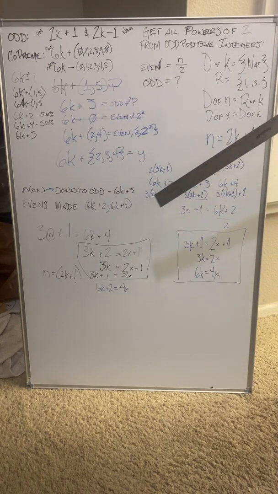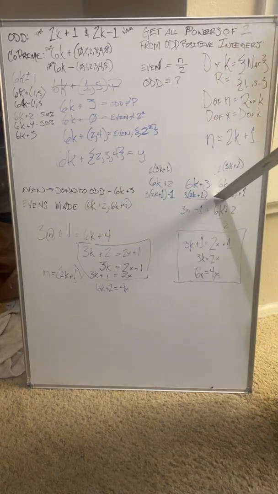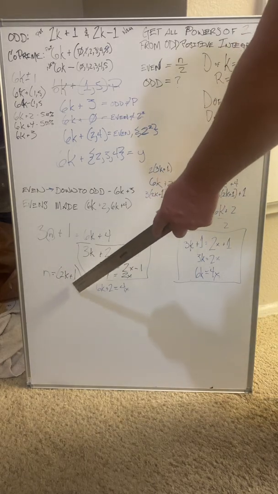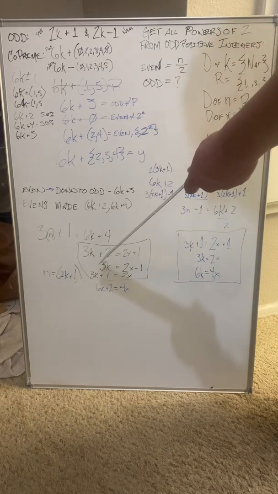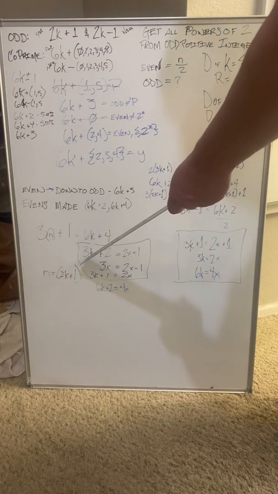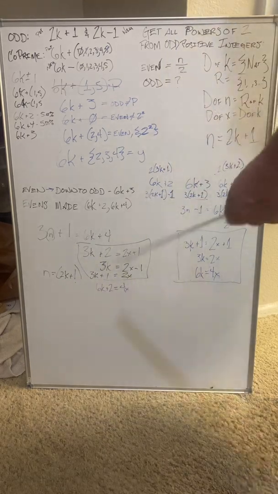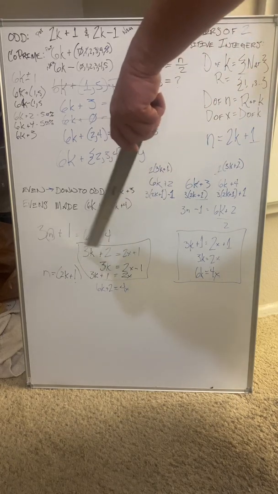The 3n minus 1. 3n plus 1, however. 3 times 2k plus 1, plus 1, is 6k plus 4 with respect to the original k. When k is even, so is this number. So you'll still always be divided by 2. You'll never have to worry about this. As long as k is even, so will this.